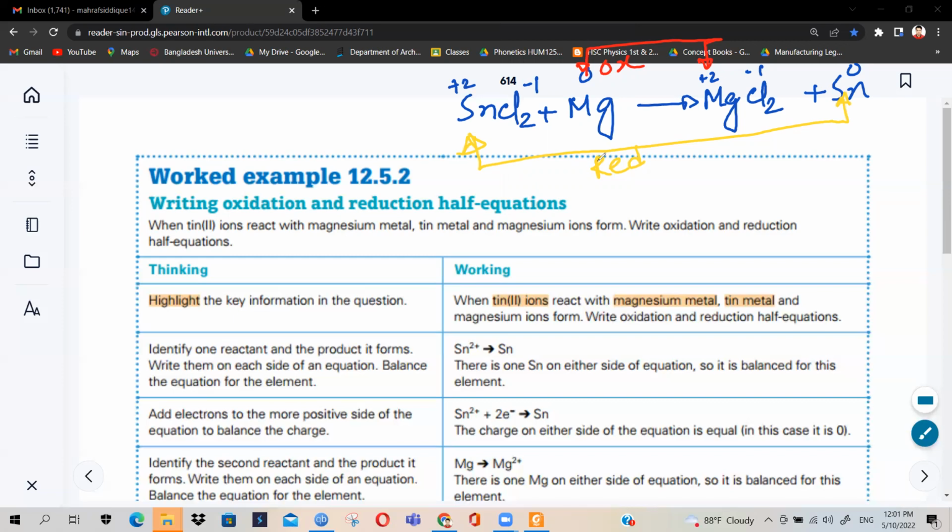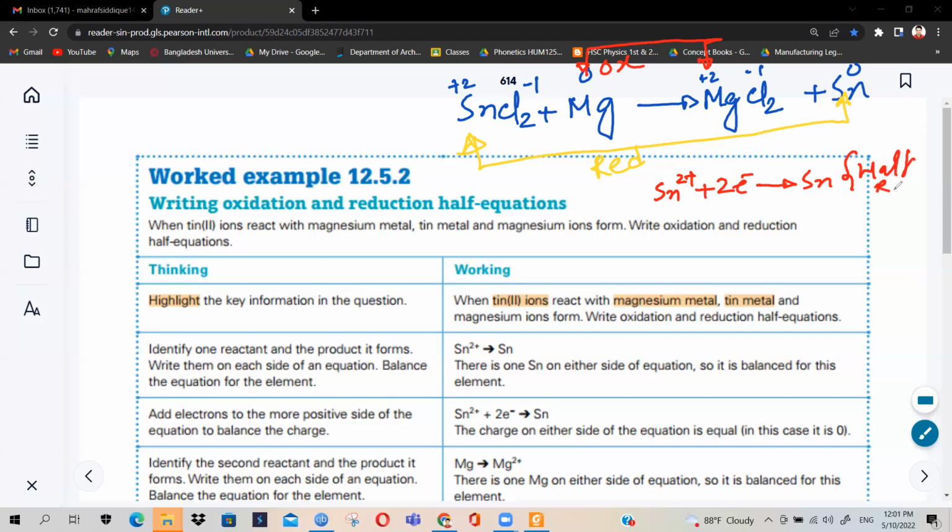Sn2+ plus 2e- results in Sn. Good, this is the half reduction, correct.